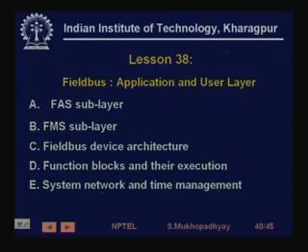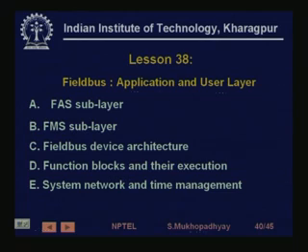This ensures that the basic data packets at the low level can get transmitted reliably from one point to the other, and then you have to talk about the application and the user layers.